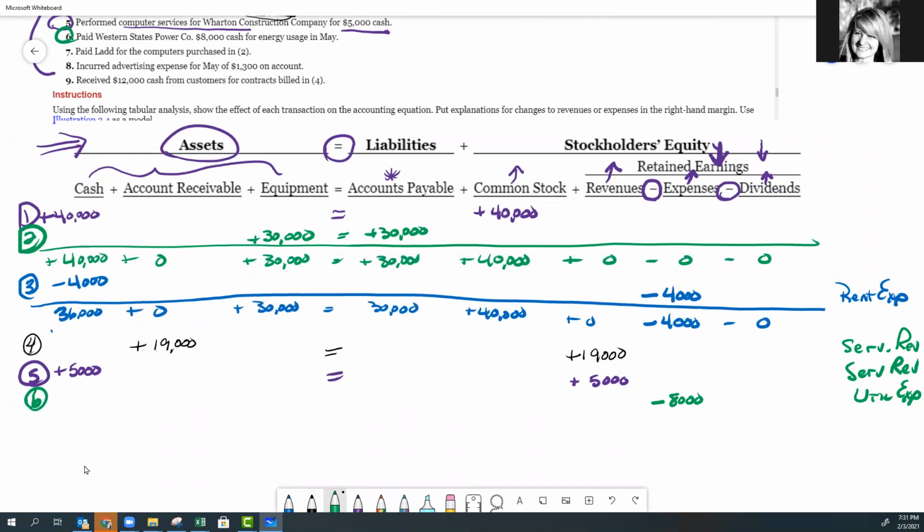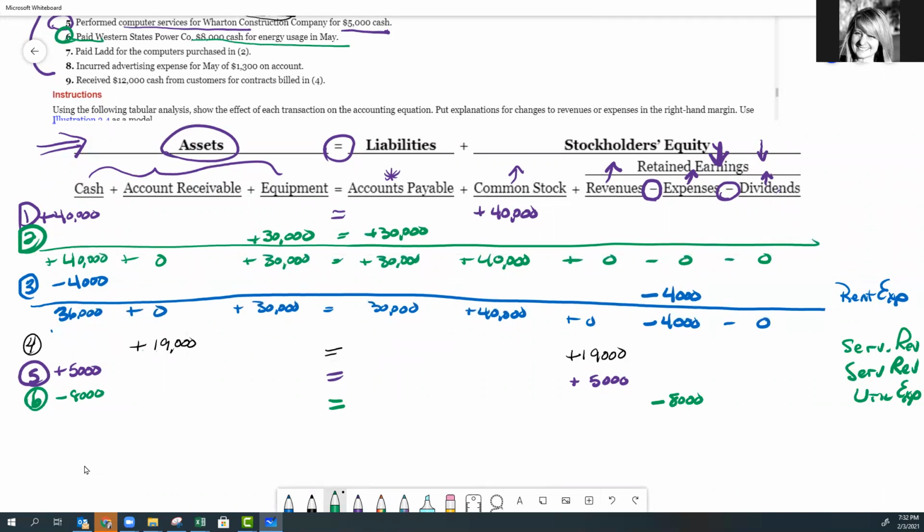It tells us that we actually paid them in May. So we used our cash, so our cash is going to go down by $8,000. Okay, and do we balance? Yes, we have minus $8,000 on this side. We have minus $8,000 on that side.